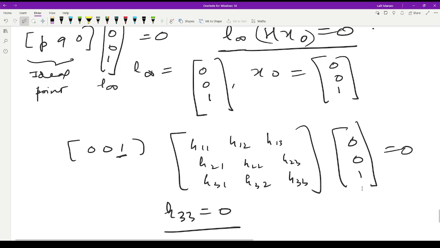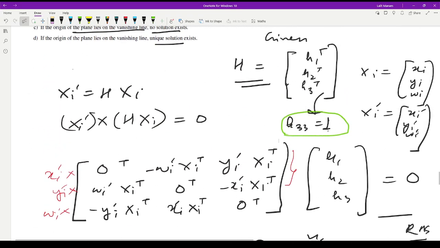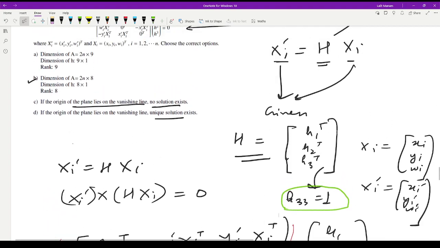With that convention, the last element turns out to be 0. Given this and given our assumption that the last element should be 1, it contradicts. So we cannot solve it. So the answer to this question is: no solution exists, right?